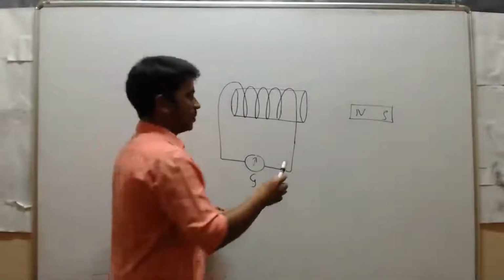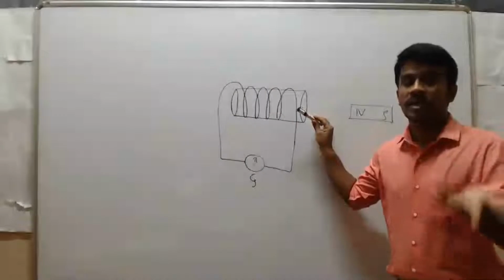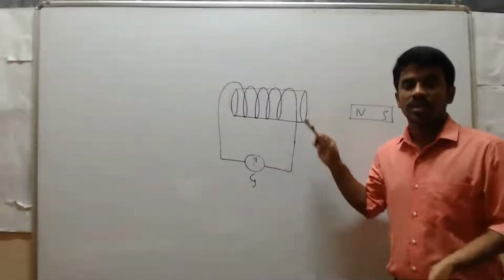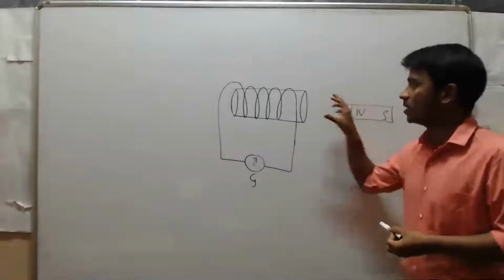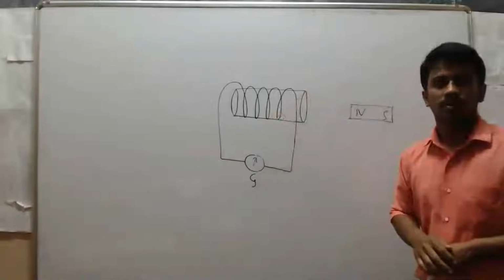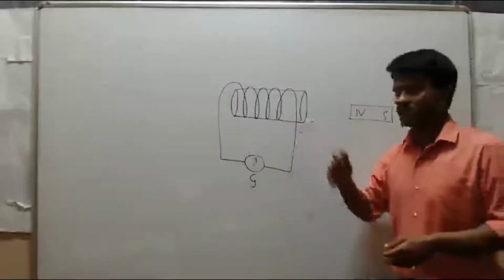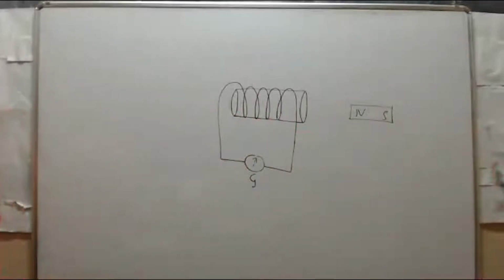See, if you keep that bar magnet simply inside the coil, at that time you will get current only once. You won't get continuous current. If you want to get continuous current, then you have to keep either this bar magnet or this coil in continuous motion. Then we can generate electricity, or the current is induced in the coil. So clear?